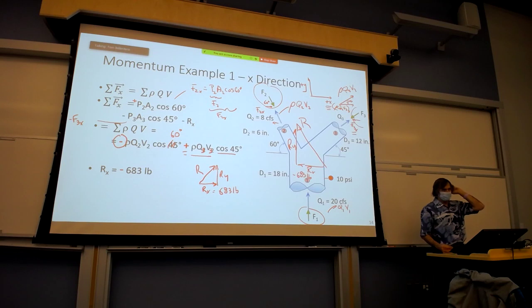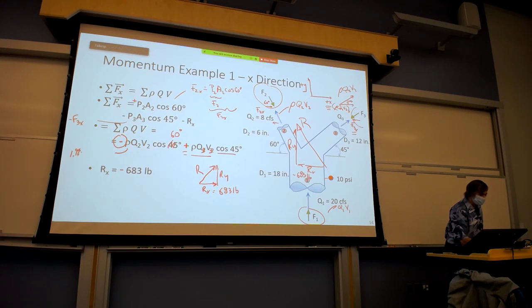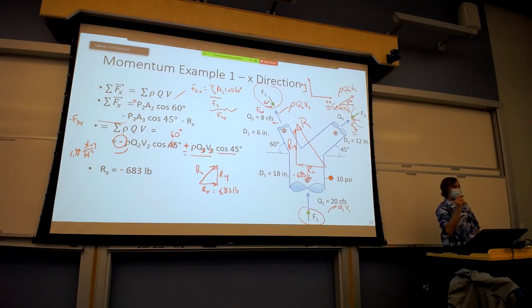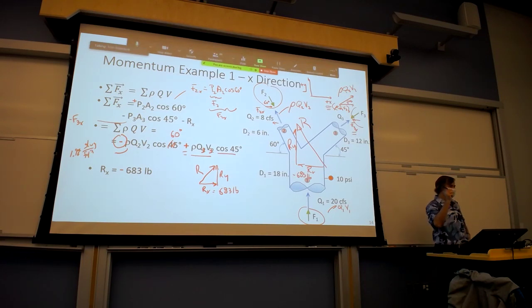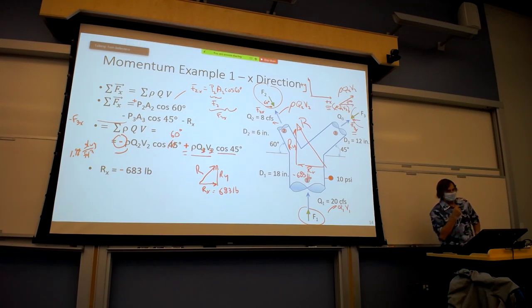You use 1.94 for the density? Yes, so density of water is 1.935 or whatever, 1.94 slug per foot cubed. And then you multiply that by the discharge in cubic feet per second, and you multiply by the velocity in feet per second, and you get slug foot to the fourth per second.